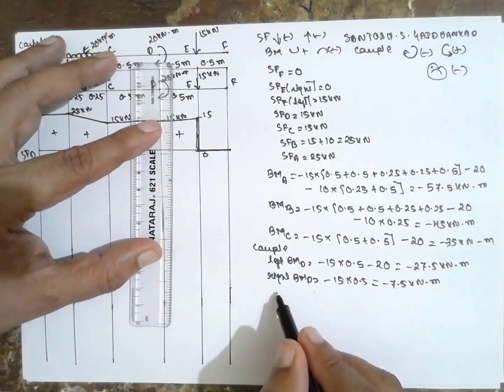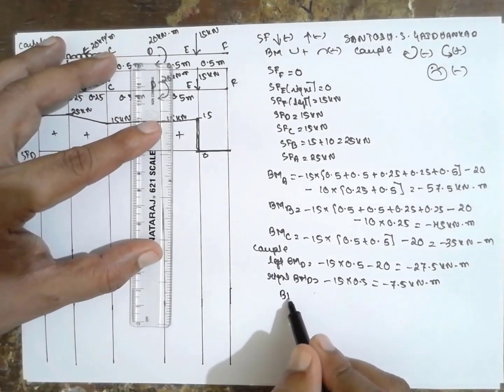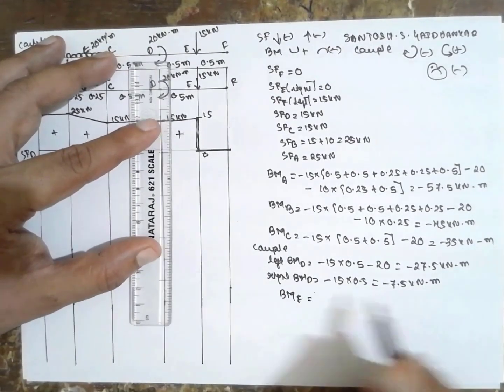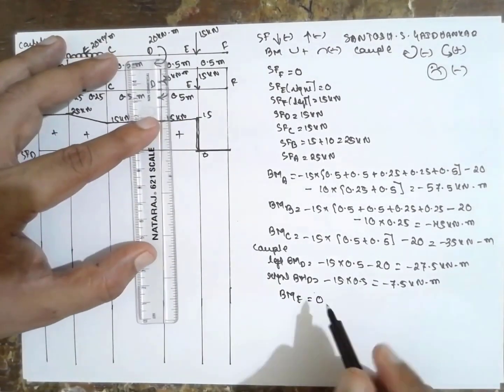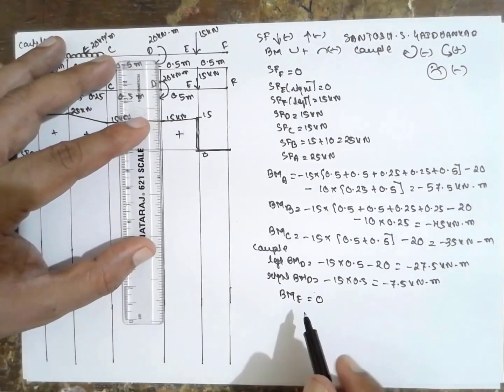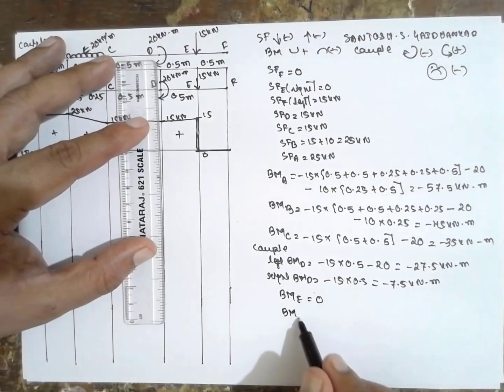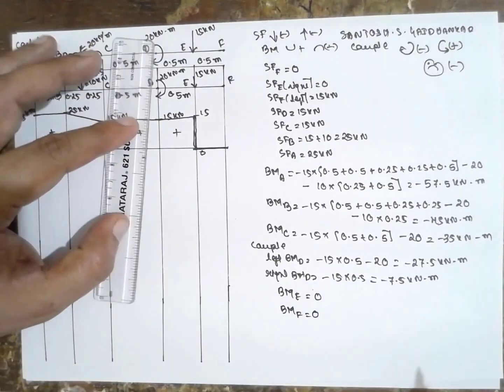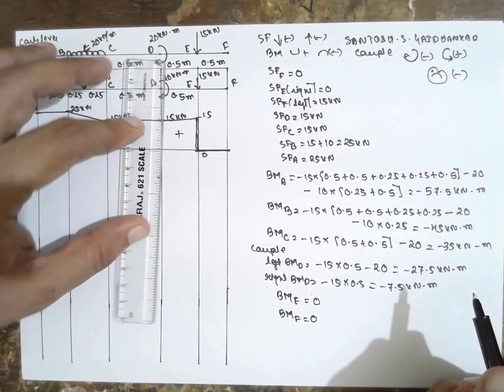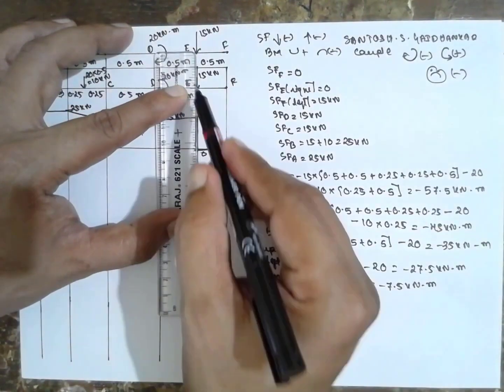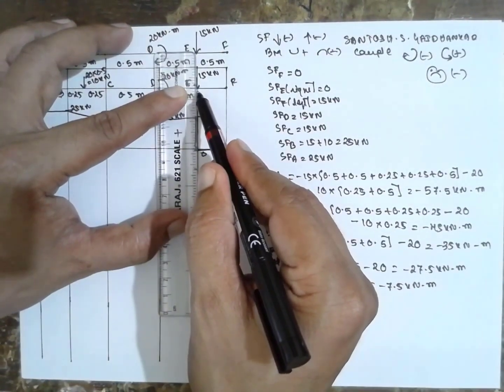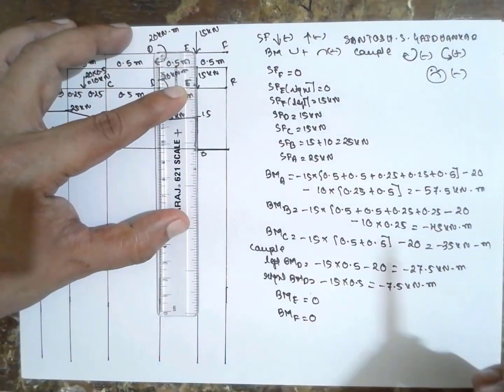BM at E will be 0, and BM at F will be 0. At E, the point load is acting here, 0, and here also 0.